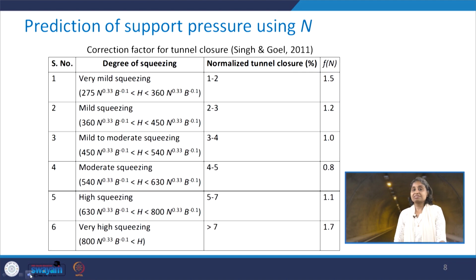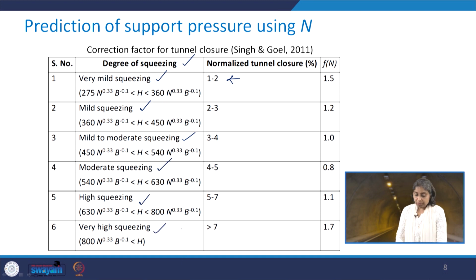Now, how to determine this correction factor is given in this particular table. It depends upon the degree of squeezing, and accordingly we will have the normalized tunnel closure. We also discussed in some of the earlier classes how, on the basis of the normalized tunnel closure and that plot, if you remember, I showed you how some demarcation lines were made which identified various zones of very mild squeezing, mild to moderate, moderate, high and very high squeezing.